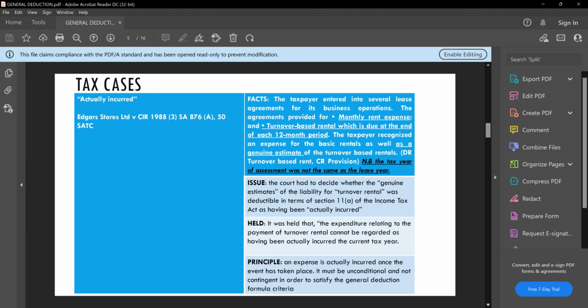So if this is an event that is yet to take place, if there's an element of uncertainty about the timing or the amount, therefore we can't exactly say that this expense has been actually incurred, and therefore it would not be deductible in the current year in terms of the general deduction formula.